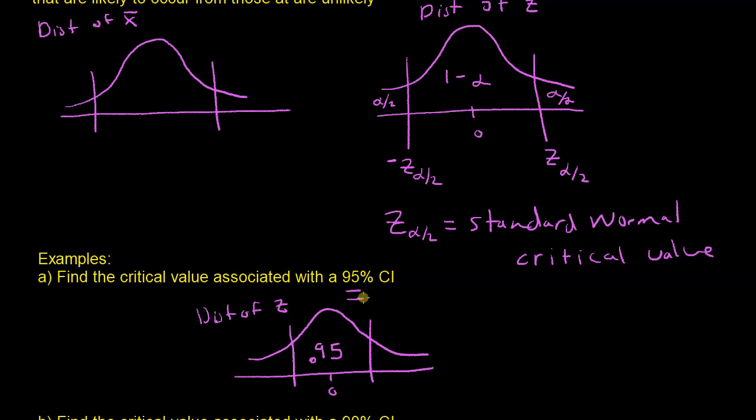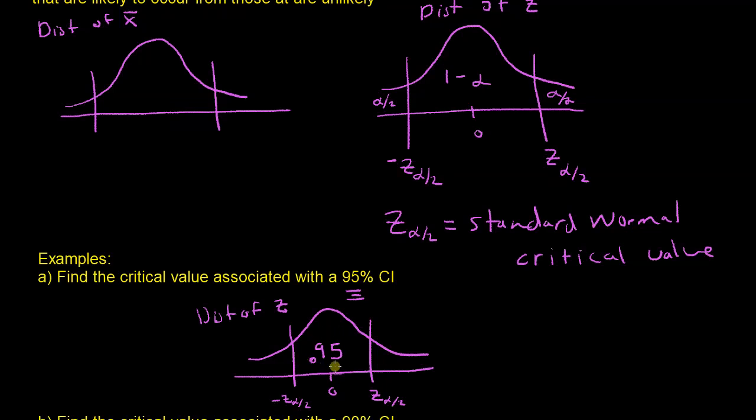Since it's a 95% confidence interval, 0.95 of the distribution is in the center. Then we want to find z alpha divided by 2, the standard normal critical value we're looking for. Of course, there's also the negative cutoff over here, the same number, just negative. I need to know what the area in this tail is, in both tails actually.